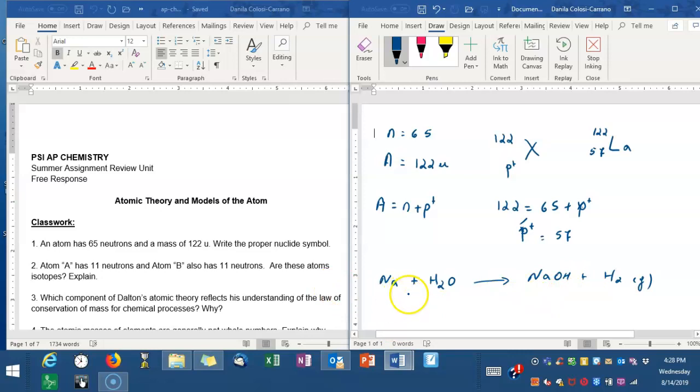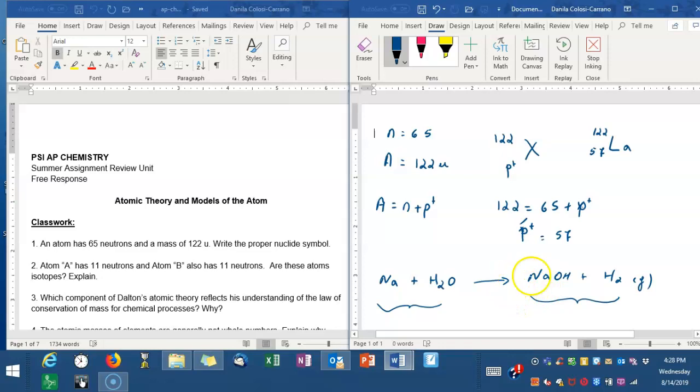So you have sodium, you have O, you have H's, you have way too many H's on this side. So this is your reactants, this is your products. As you notice, atoms are rearranged, but they are not created or destroyed. Looks like we're creating stuff here, but let's balance this one up.